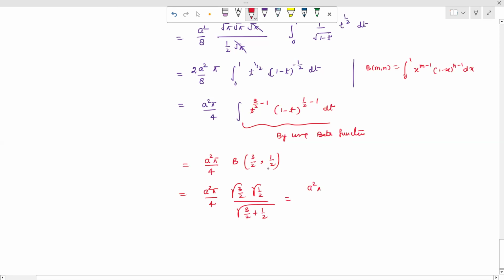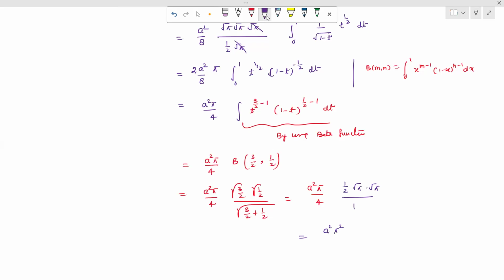So this can be written as a² pi upon 4, और गामा 3/2 वैल्यू is 1/2 into root pi, और इधर गामा 1/2 की वैल्यू root pi, और नीचे कितना हो जाएगा, गामा 2, और गामा 2 की वैल्यू क्या होती है, 1. तो ये कितना हो जाएगा, a² और pi into pi, मतलब pi root pi और pi into pi, pi² upon 2 into 4 जा 8. तो this is our answer.